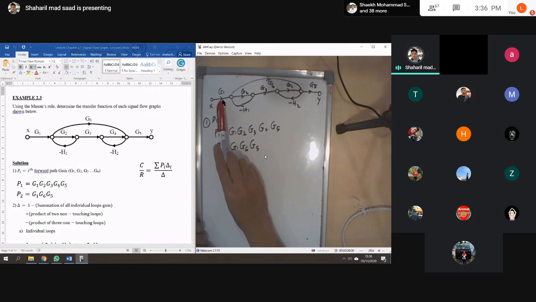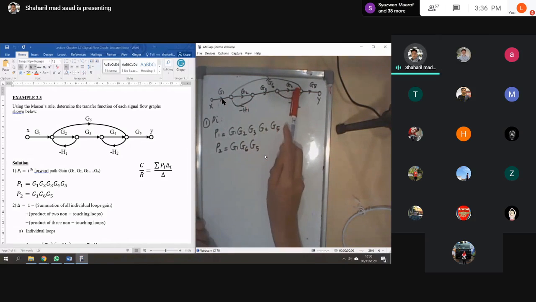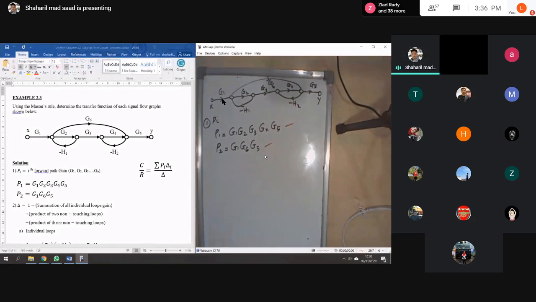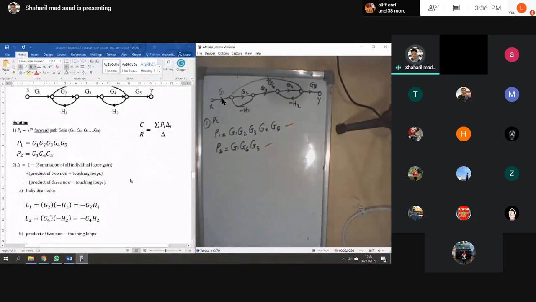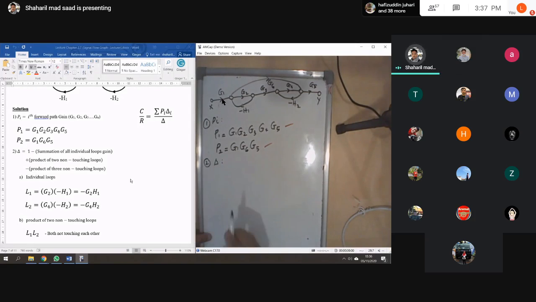Clear? Another one, G1, G2, oh cannot. G1, G2, G3, G4, G6, oh cannot. So that means you only got one forward path gain. Done. And then number 2, we want to find the delta first, but we need to find the individual loops.